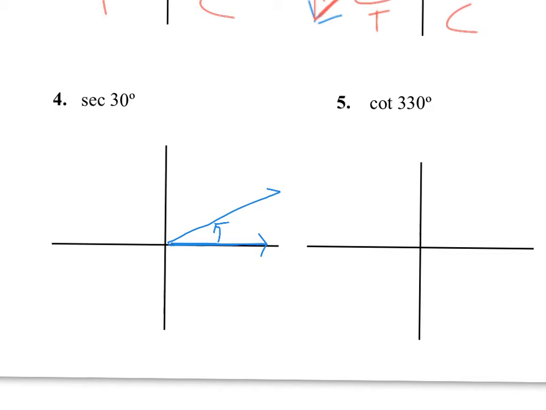Draw the triangle. Alright, so this was 30 degrees, which makes this 60 degrees, and there's the right angle, 90 degrees. Right, across from the 30 is the 1, across from the 60 is the rad 3, and the hypotenuse is 2.